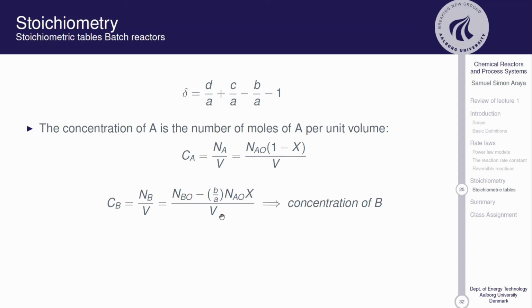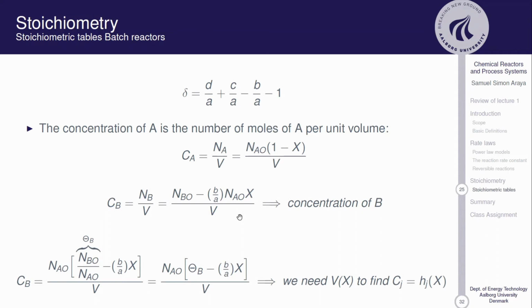And then we have the volume. Then if we basically take out the initial moles of A, NAO, out of this equation, then we get this ratio, which is the ratio of the mole fractions in the beginning.